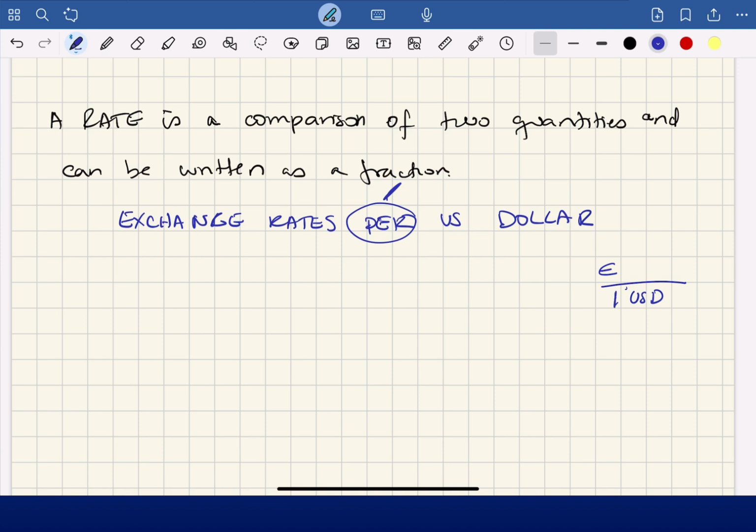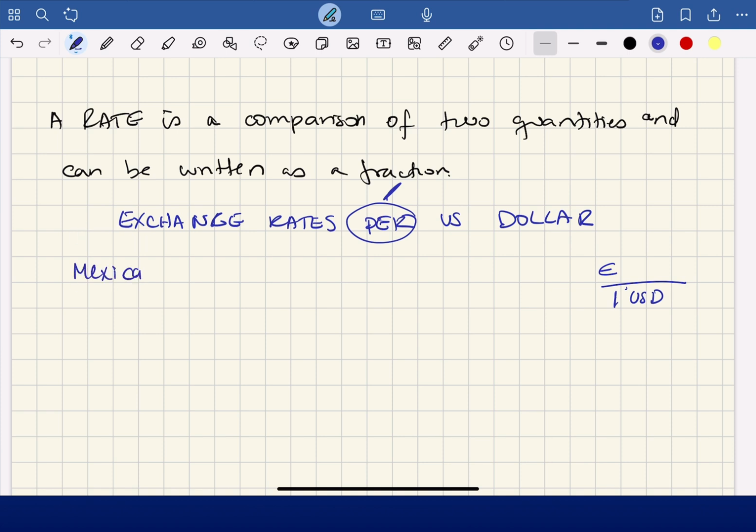So we're talking about a unit rate right here. Because you may find that it says the Canadian dollar is 0.97, but you have to be careful. Is it 0.97 per $1, or does one Canadian dollar only buy you 0.97 of a US dollar? So you have to be very careful when you see that.